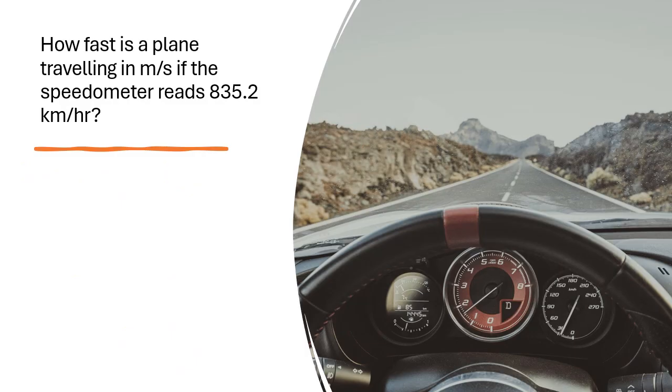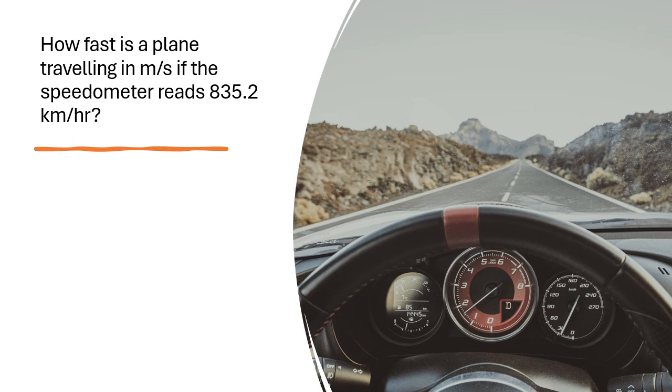In this example, we see a dimensional analysis style problem that asks us to answer in a set of derived units. So we're no longer asked to answer in just one plain unit. We're asked to answer here in this case in meters per second. The question reads, how fast is a plane traveling in meters per second if the speedometer reads 835.2 kilometers per hour?